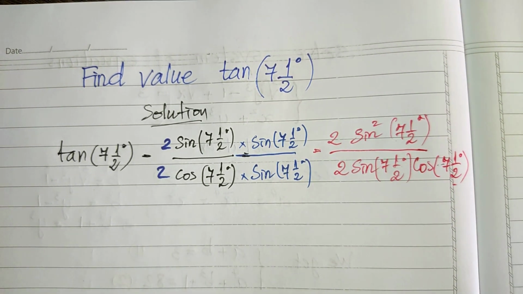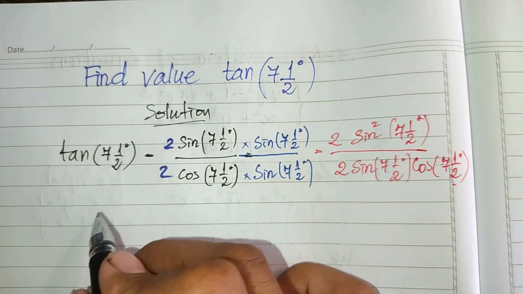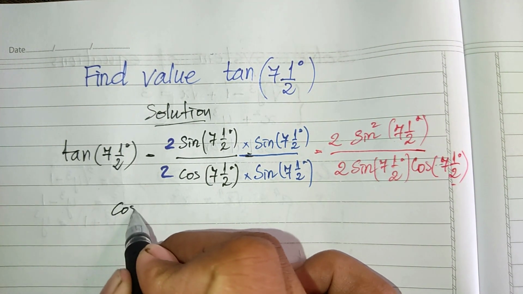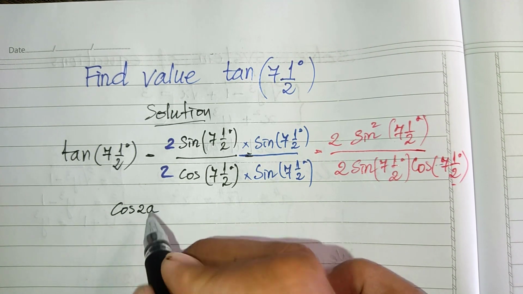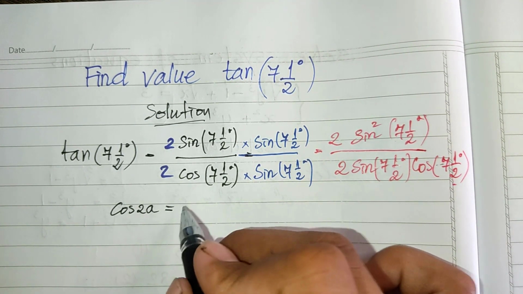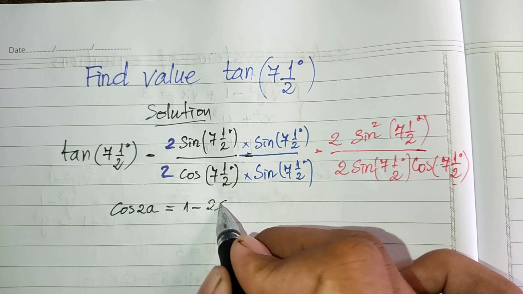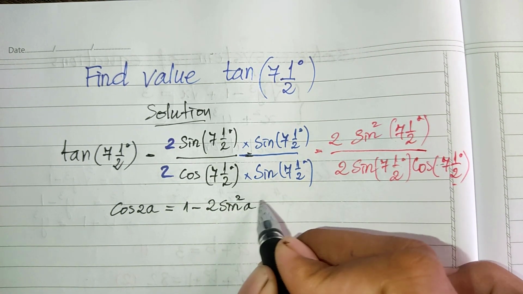Now we use the formulas that we know: cosine of 2a is equal to 1 minus 2 sine squared a.